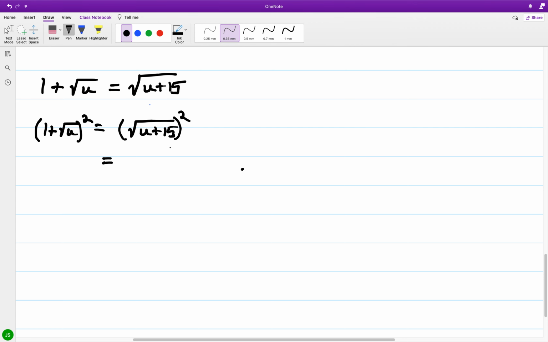Now for the easier part, we have the square of the square root of u plus 15. So this will come out to u plus 15. Now for 1 plus the square root of u, quantity squared, this translates to 1 plus the square root of u times itself.